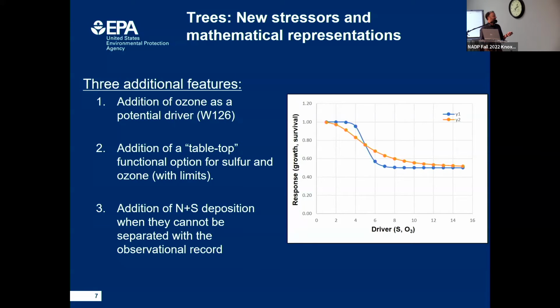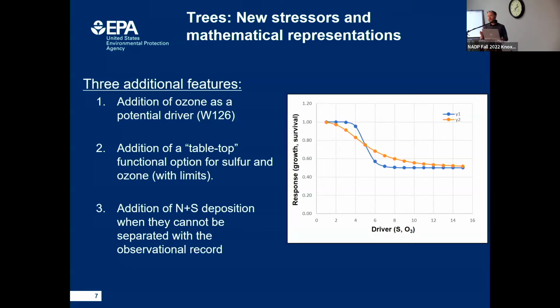Also with that, as Linda alluded to, in the old formulation with sulfur, we only allowed for a negative relationship. We did that because we didn't want sulfur and nitrogen to commingle, which would magnify the correlation issues between them and confuse the signal.